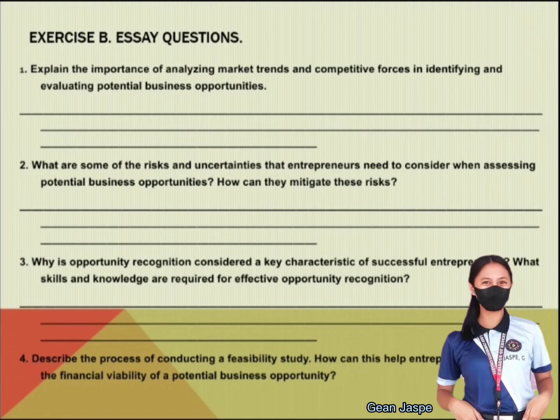Opportunity recognition is considered a key characteristic of successful entrepreneurs, as it allows the entrepreneurs to find solutions to problems, and meeting customers' needs is the essence of opportunity recognition. Also, analytical and creative thinking skills, as well as the willingness to calculate risk, are required for an effective opportunity recognition.